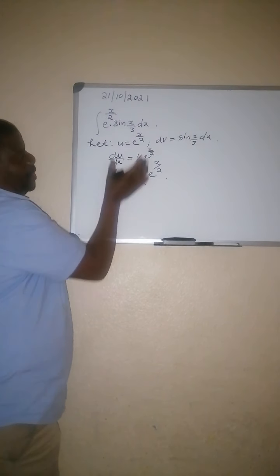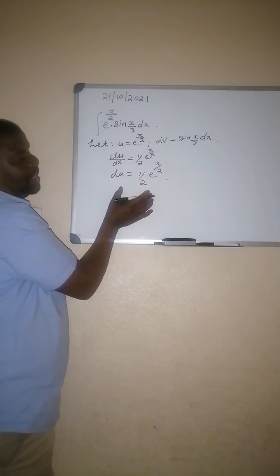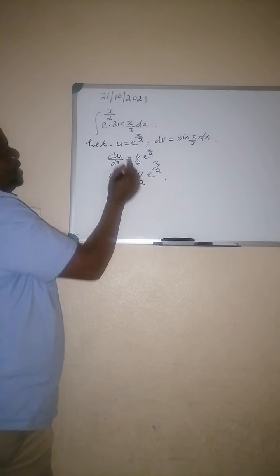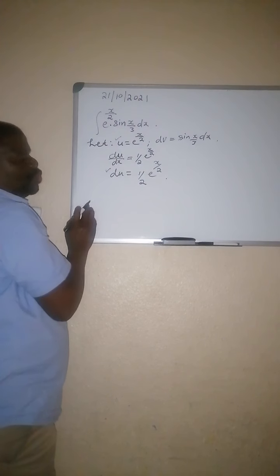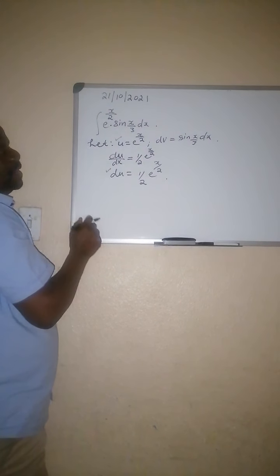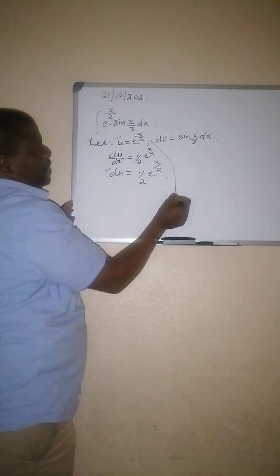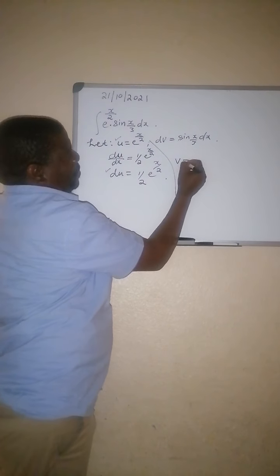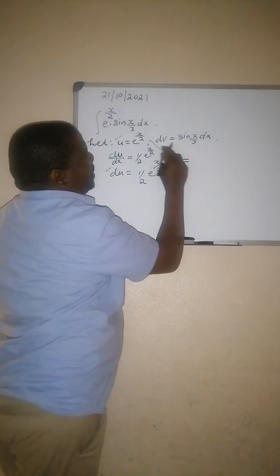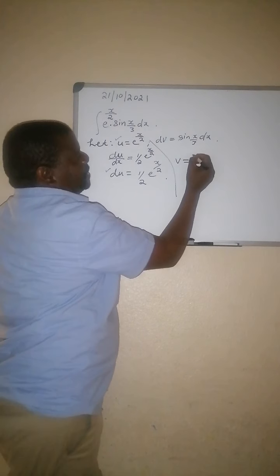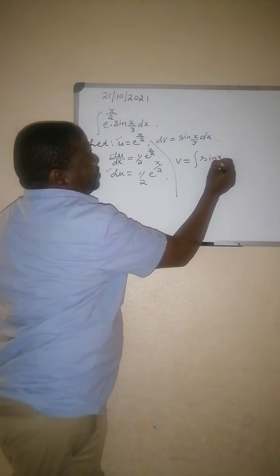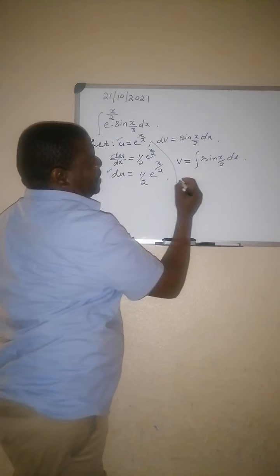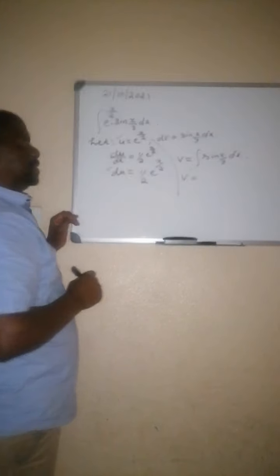Now when you check with this part under integration that I've just done, you've got the u and you've got the du. Where do we get the v? We get the v from the dv part. If dv equals that, then v will be the integral of sine x over 3 dx. And now we need to integrate that part.